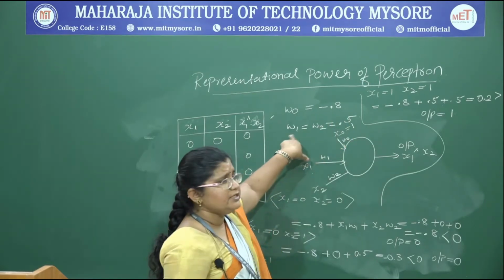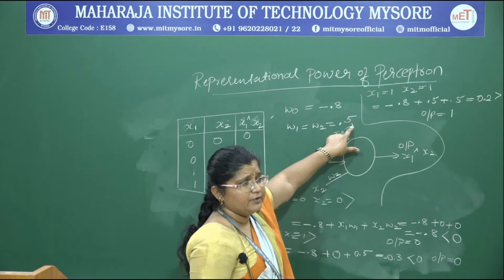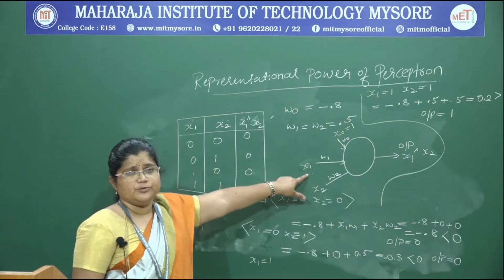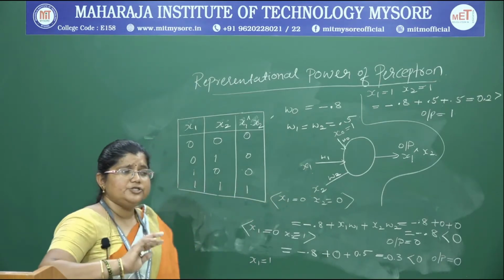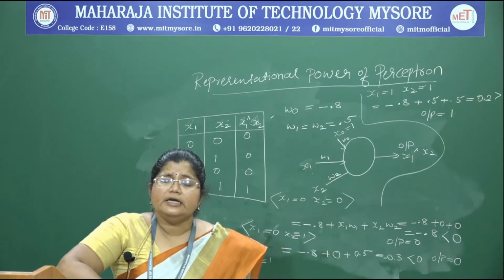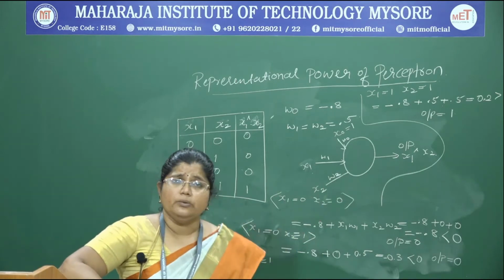Next, consider W1 equal to W2, and those weights are 0.5. Now apply these inputs to the perceptron and look at what will be the output. The threshold value which we have chosen over here is: if any value is greater than 0, the output will be 1.